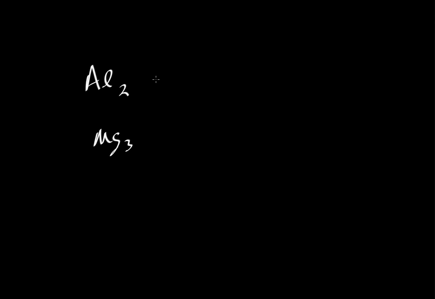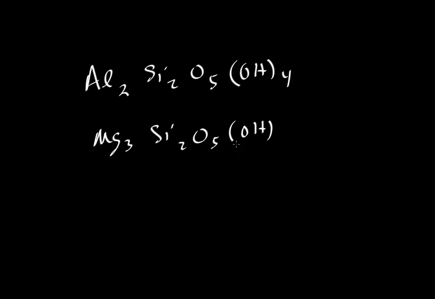We can rewrite the mineral formulas we were just looking at: Al2Si2O5(OH)4 for the case of kaolinite, and Mg3Si2O5(OH)4 for the case of lizardite, where we have magnesium filling those octahedral sites. If all of the octahedral sites are filled, as they would be with magnesium, then we have layered silicates that are referred to as trioctahedral.